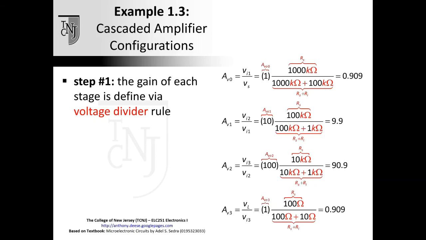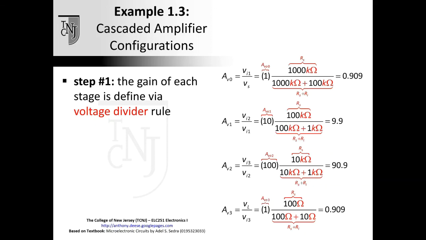Exactly. All right, so you guys have this in the bag. So I can go ahead and just pop up a slide like this. And that is what we get. So you'll see what I did was each one is the output over the input. So VI1 over VS, VI2 over VI1, boom, boom, boom.